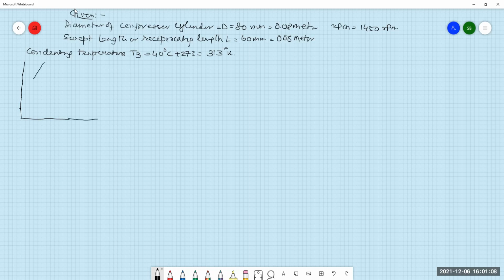What is shown here? One line is there, and another line is there, the saturation line.